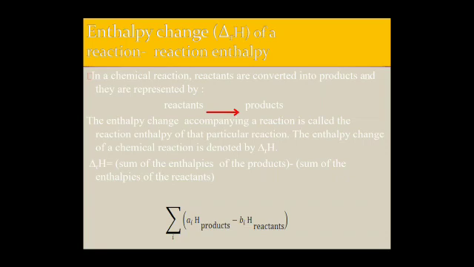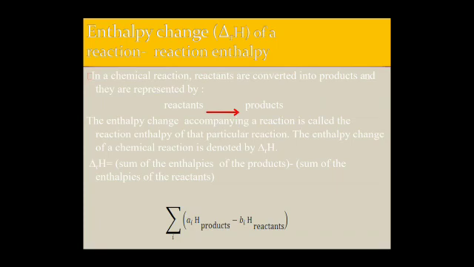First, we will go through what is the enthalpy change of a reaction, that is called reaction enthalpy. In a chemical reaction, reactants are converted to products, and they are represented by the reactants and products.